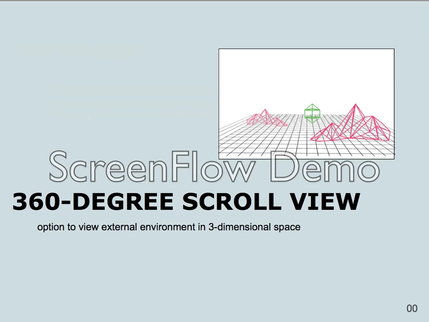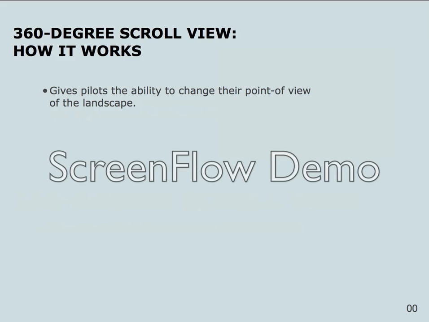This is another advantage of not having the windshield just be a windshield and be an actual screen, because this screen can show different views. There can be cameras mounted on the different sides of the plane, so they can actually move the window.